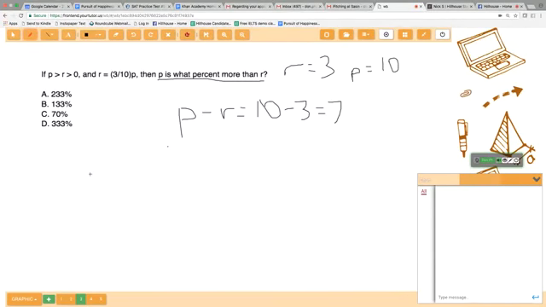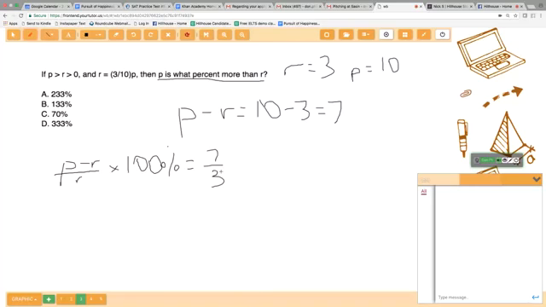So to figure out the percentages, what you're going to do is make this calculation. P minus R over R times 100%. And you'll get 7/3, because remember, P minus R here is what we figure out here. 10 minus 3 equals 7.